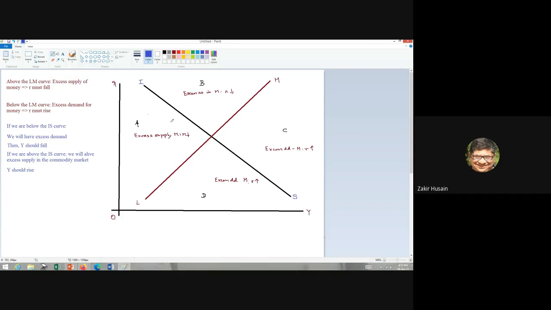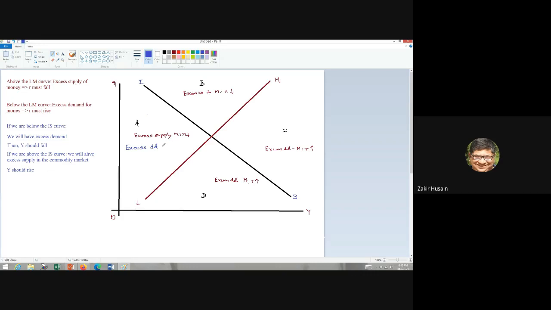So below the IS curve means this. Sir, I did not understand. For excess demand, why should Y fall? Sorry, I made a mistake in writing. It should be Y should rise for excess demand, and Y should fall for excess supply.